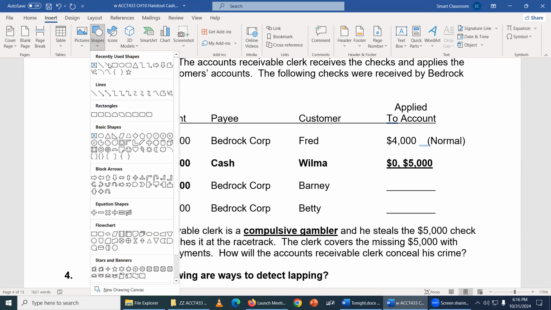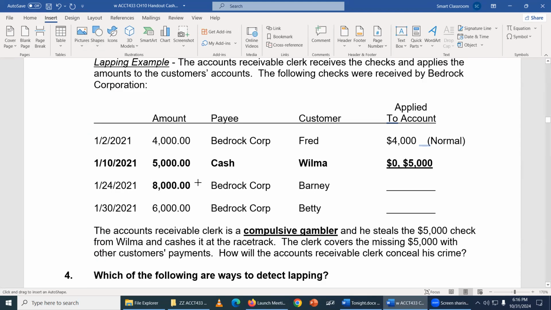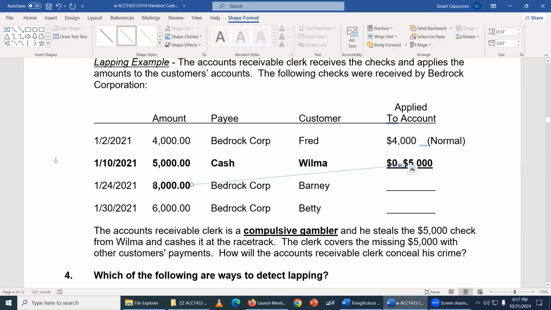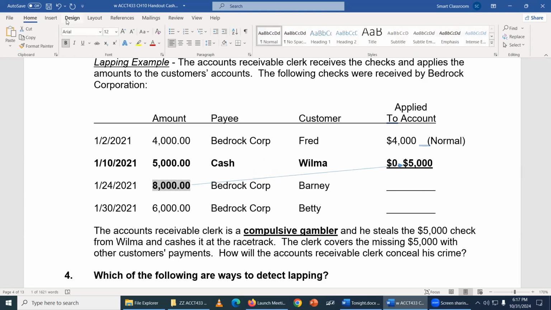So $5,000 of it is going to go to, let me highlight this and make it a color. So we're going to put $5,000 into Wilma's account. So now we've got Wilma off our back.